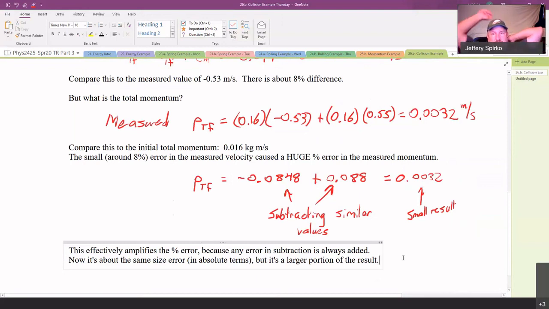So this is something that happens in lots of scientific calculations in all fields. It's not just a physics thing. And it's something you have to be very careful about. Imagine if I wanted to measure the thickness of the wall of a building. I might use a tape measure to measure the inside of the building, and then use a tape measure to measure the outside of the building and subtract, and that would give me the total wall thickness.